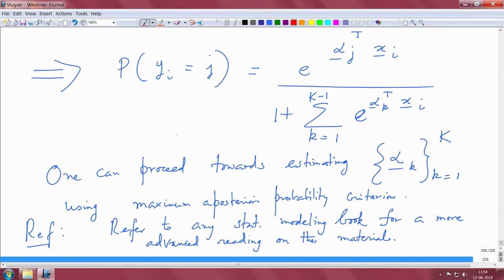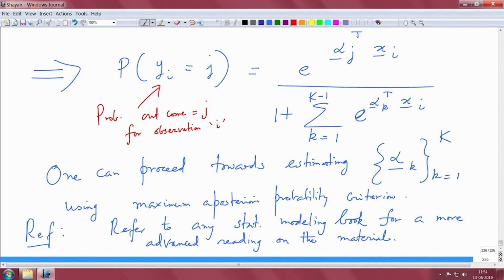So we can interpret this quantity as the probability that our outcome is j for the observation i. You have to be very careful about it. The observation is i. For every such observation you have p predictors, and that is the key here.